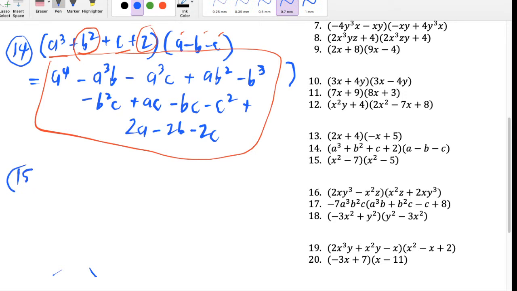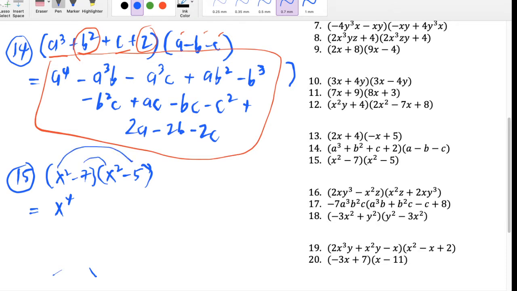Number 15. X squared minus 7 times x squared minus 5. Okay? Magkakaroon ka dito ng 4 terms. Pag minultiply mo, and then yung dalawang terms doon would be equal. Okay? X squared times x squared, that's equal to x raised to 4. Negative 7x squared minus 5x squared. Okay? Kasi if you multiply this and this.